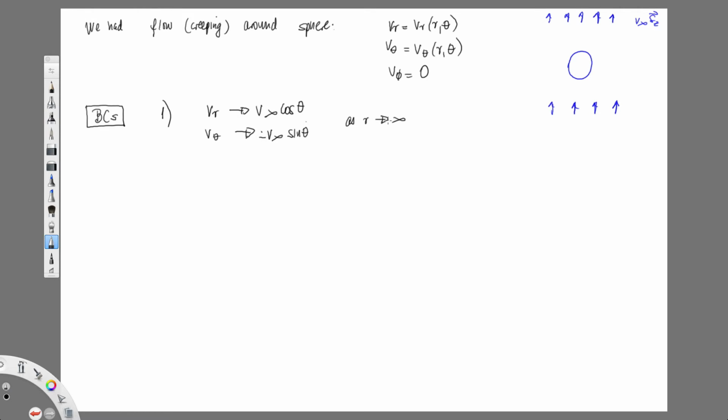So this was simply translation of the fact that as r tends to infinity, my velocity has to be V infinity e_z.